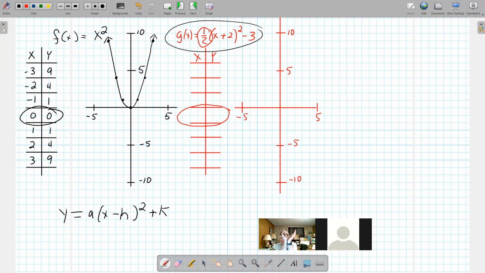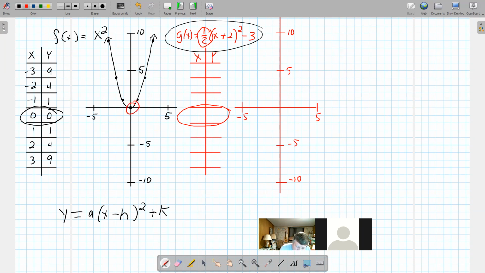The 1/2 makes the graph open wider, but it doesn't affect the location of the vertex. What does the +2 inside do? It moves it in a negative direction 2 units.